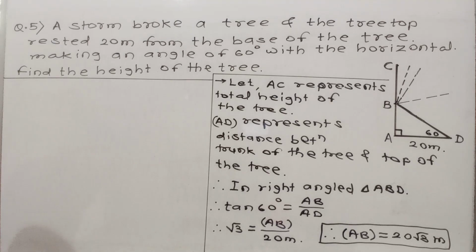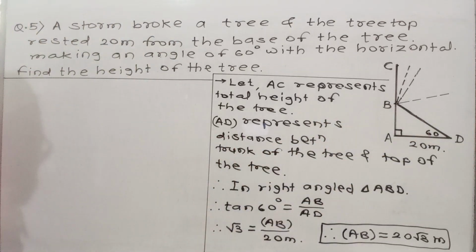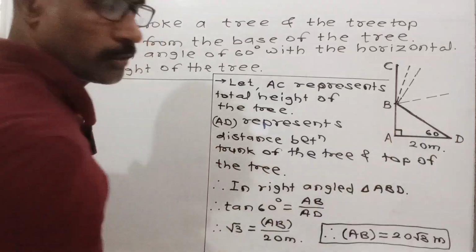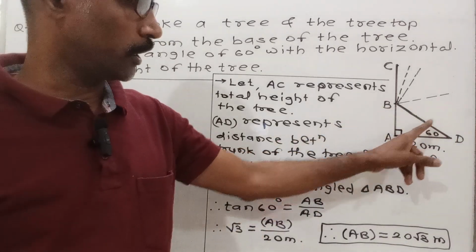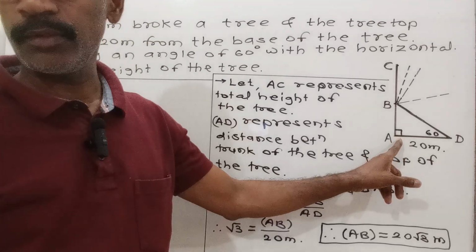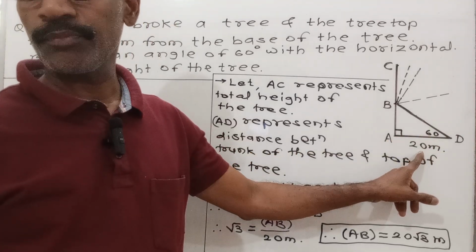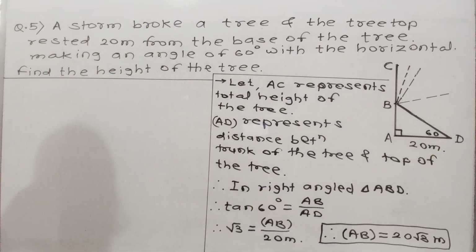Then we will find this BD, that is the broken part of the tree. See here, now we know the value of this and we want to find BD. Now see this, BD is the hypotenuse because this is the right angle. So this is the hypotenuse and this is the adjacent side of this angle 60 degrees.